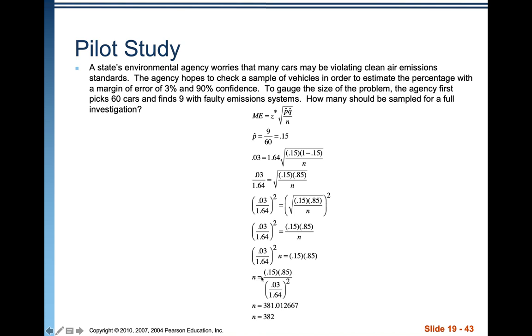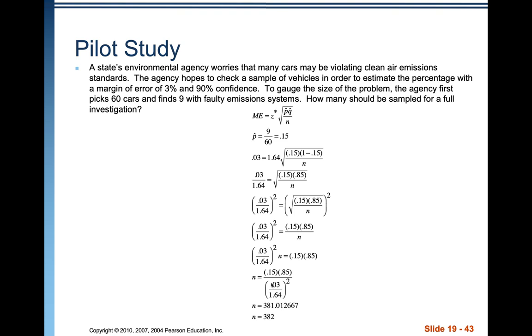And so we're going to get n equals, and luckily with our CASs, it's somewhat doable to put all of this in all at once. So we're going to put in our expression 0.15 times 0.85 divided by (0.03 over 1.64) squared, and we get 381.012667.